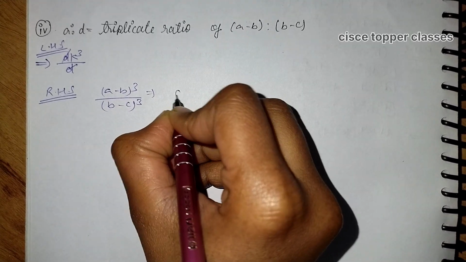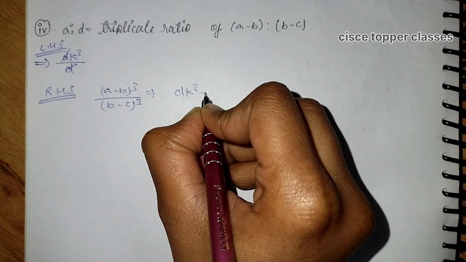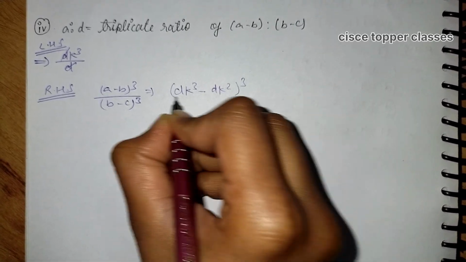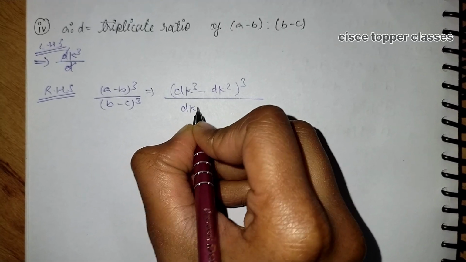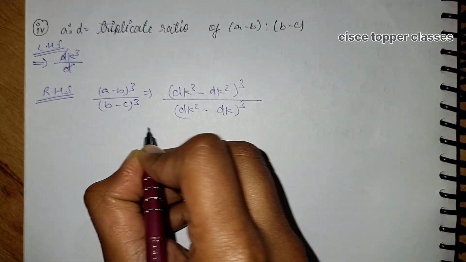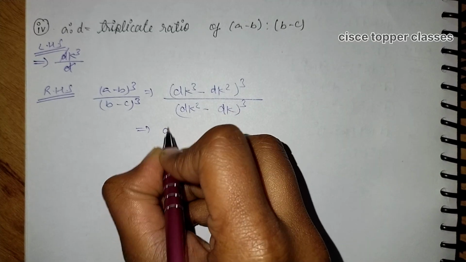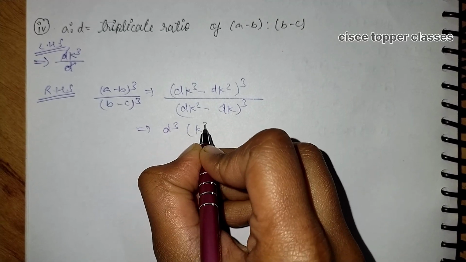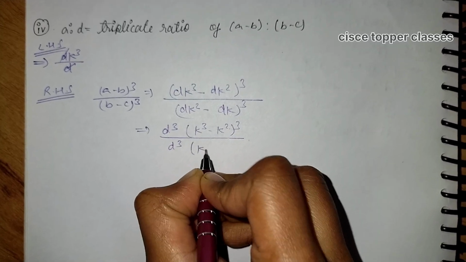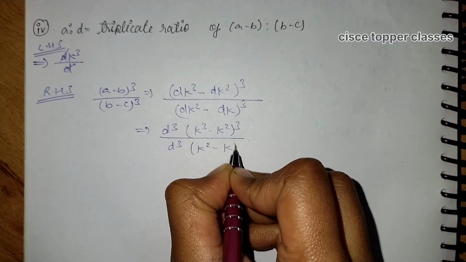So in place of A, it will again become dk cube minus B, which is dk square, whole cube, divided by again B, dk square minus C, which is dk, whole cube. So we can take common as d cube, and here (k cube minus k square) whole cube, d cube (k square minus k) whole cube.